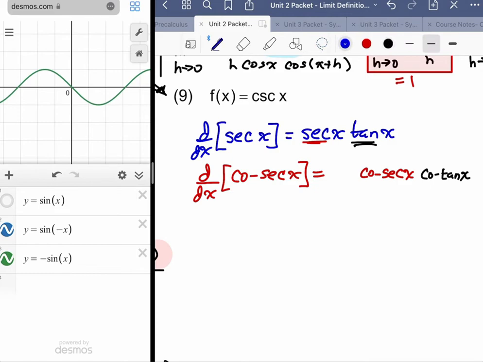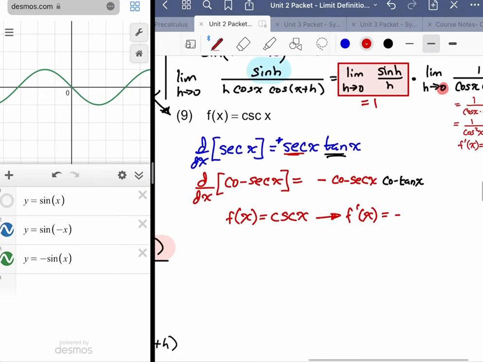This original derivative started off being positive, so this one will be negative. So my derivative for cosecant, right? So if we have f of x is equal to cosecant x, its derivative would be negative cosecant x cotangent x.